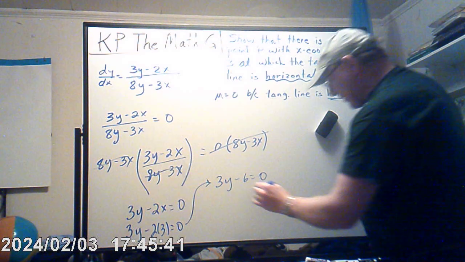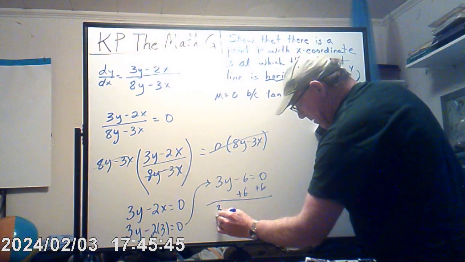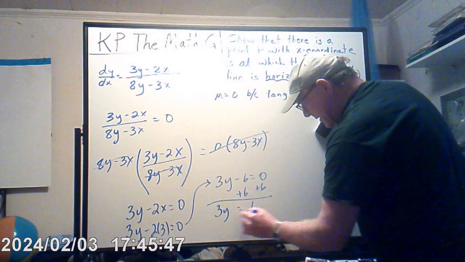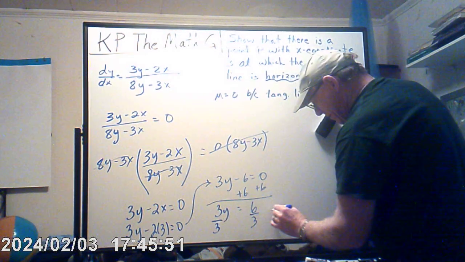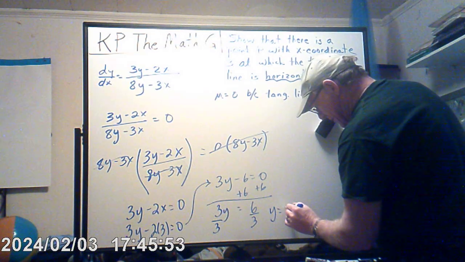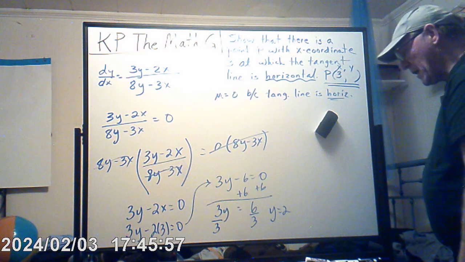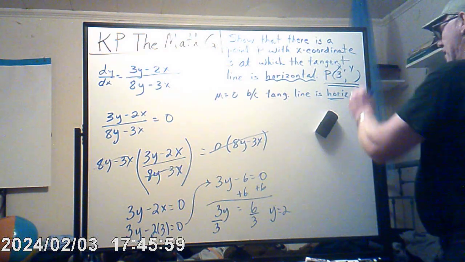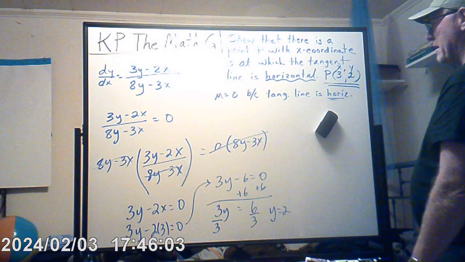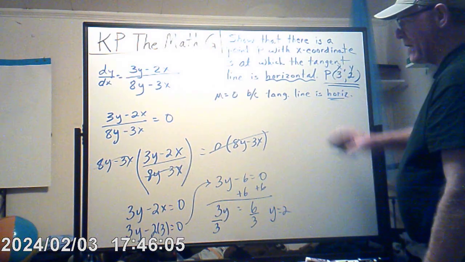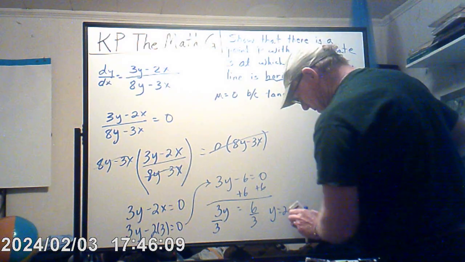We're going to add 6 to both sides, so 3y is equal to 6. And then when we divide by 3, y is equal to 2. So the y value is equal to 2. So the point is 3, 2. We can show that this is equal to 0. Let me erase this.